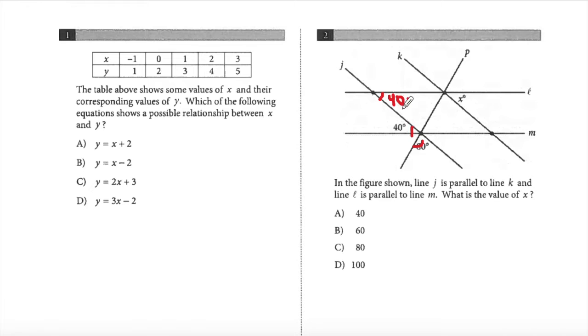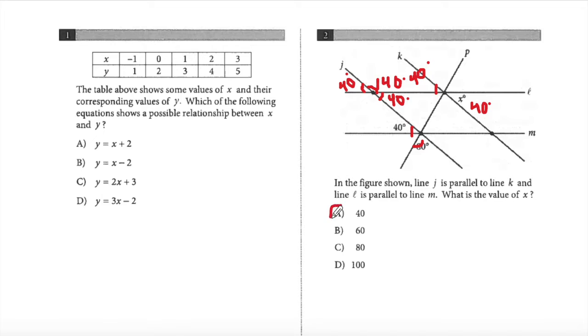So that's 40. And then this is a 180 degree line, so we know that this is 140 degrees. And then this has to be 40 again, because 40 and 40 are vertical angles. That means this would also be 40 because it is a corresponding angle, which makes this 40 degrees because they are vertical angles.